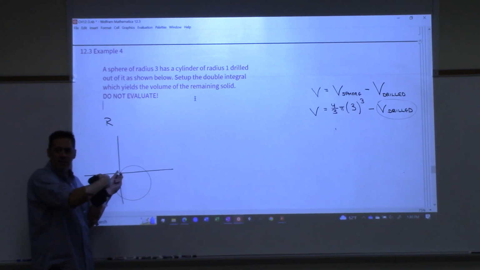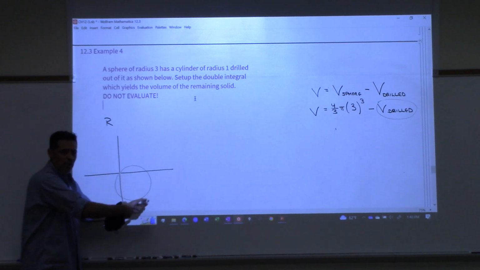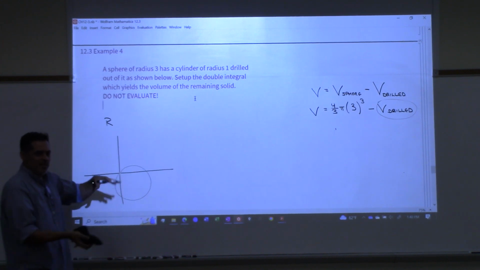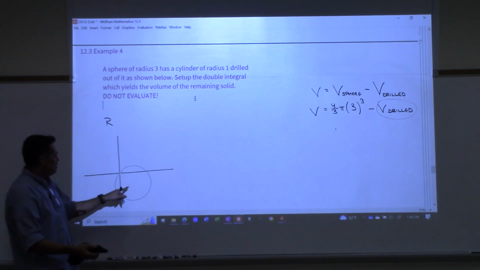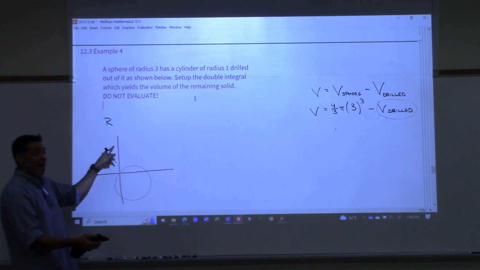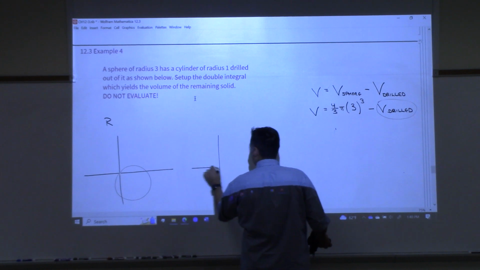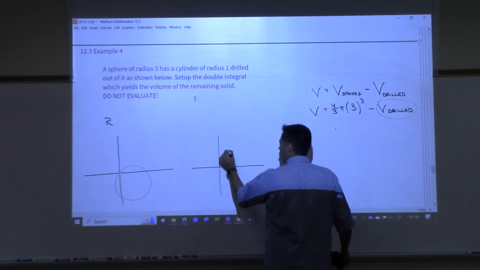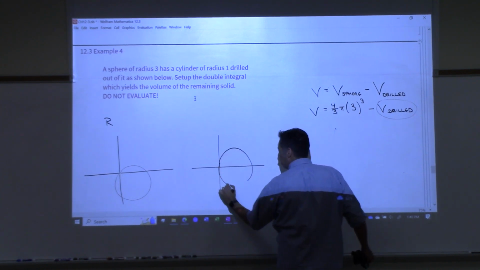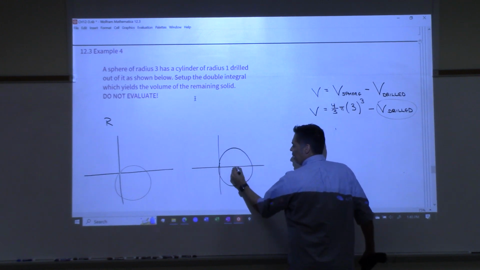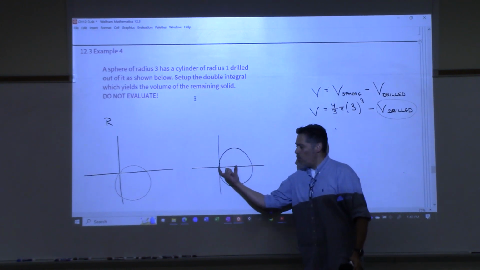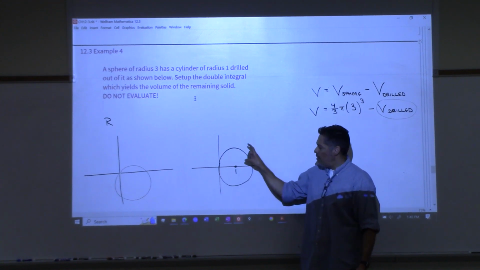You understand? I can position that circle anywhere. But it makes sense to orient it so that the center of the circle lands on one of these axes. The one that makes most sense is the one we just did, which is to put it on our x-axis like this. It has a radius of 1, which means the center of it is 1. It's got to be 1 this way, 1 this way, 1 up, 1 down.